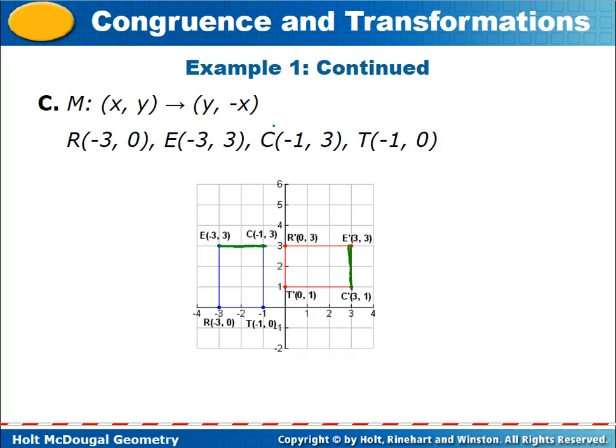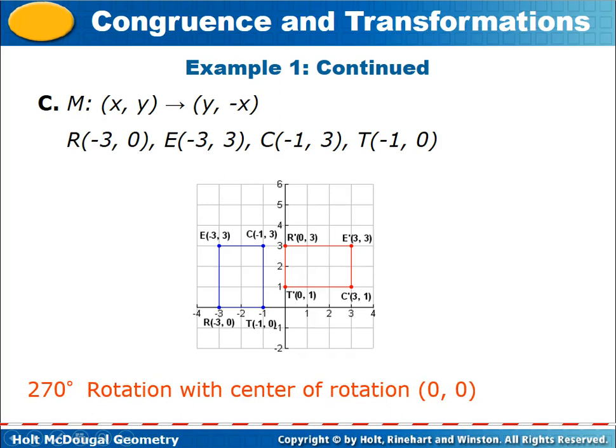Now remember, rotations go this direction. So we could say that it rotated 90 degrees clockwise, or we could say 270 degrees counterclockwise. Either way, you should be able to recognize what happened in that drawing by the rule, because we memorized those rules, hopefully. So it's a 270 degrees rotation with a center of rotation of, again, the origin.